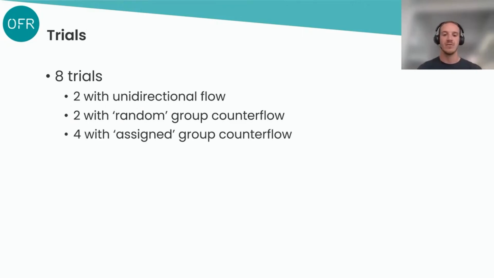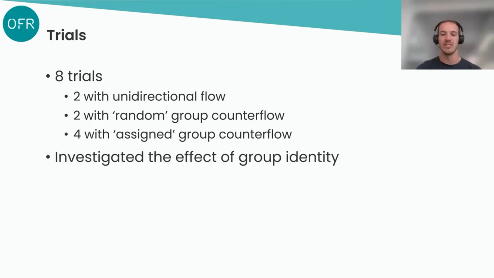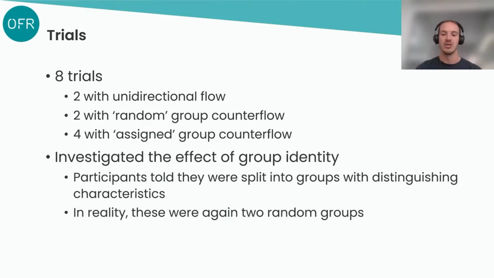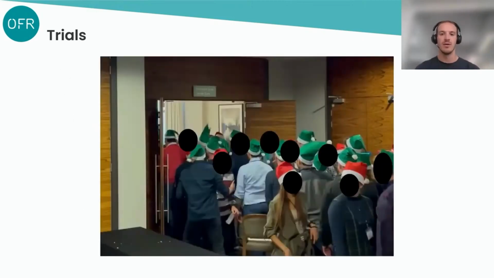And the next 4 were with assigned group counterflow, which is where we asked the participants to fill out a series of questions, and then they were told that they were put in a group based on that. So this was to investigate the effect of group identity, essentially. Participants were told that they were split into groups with distinguishing characteristics, whereas in reality these were again 2 random groups.